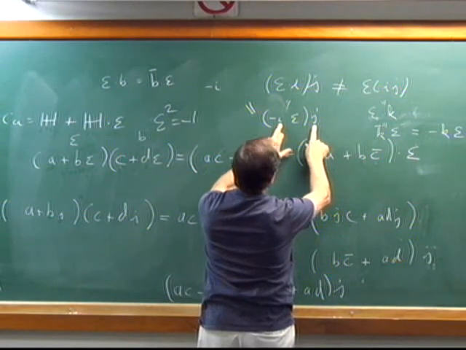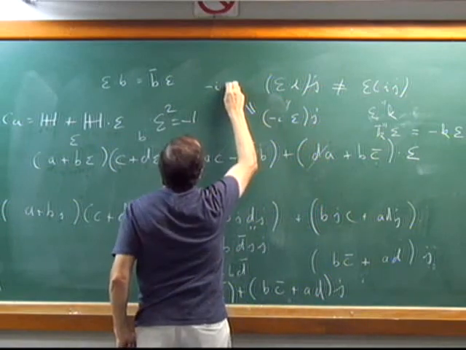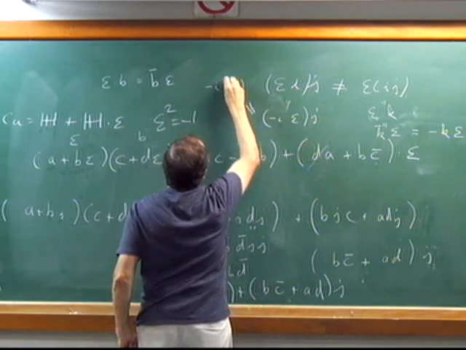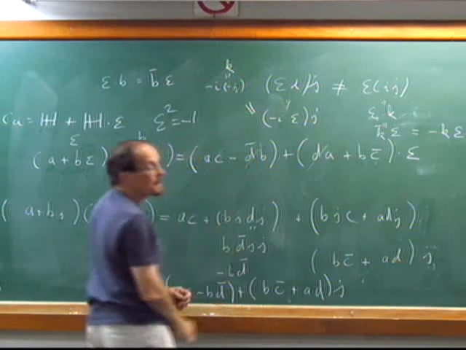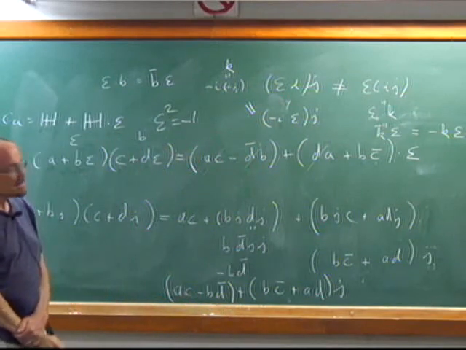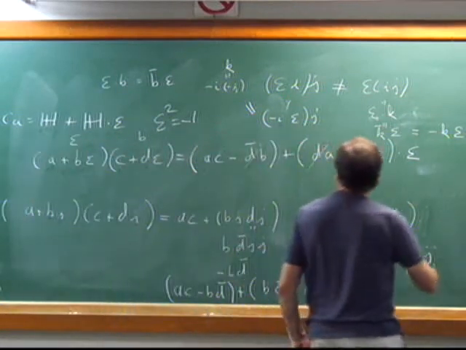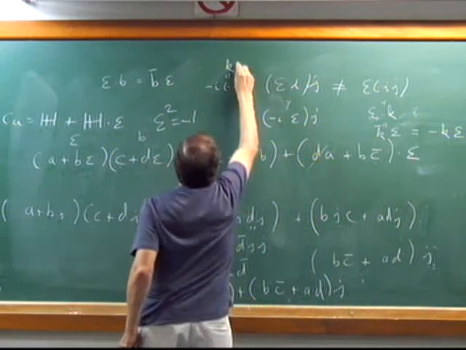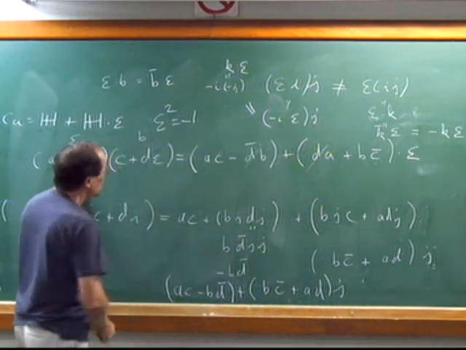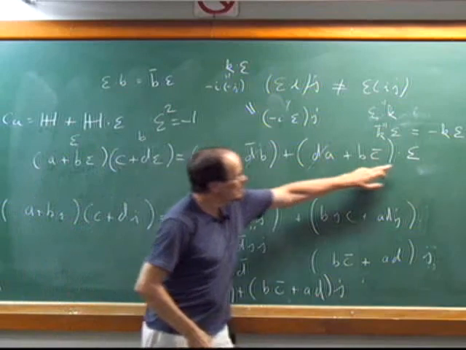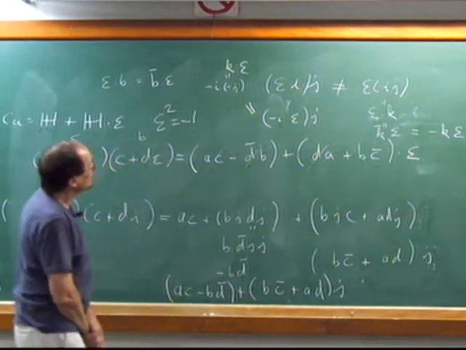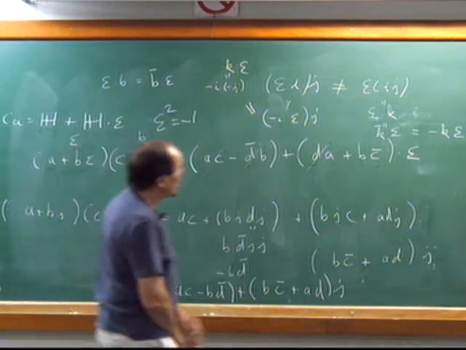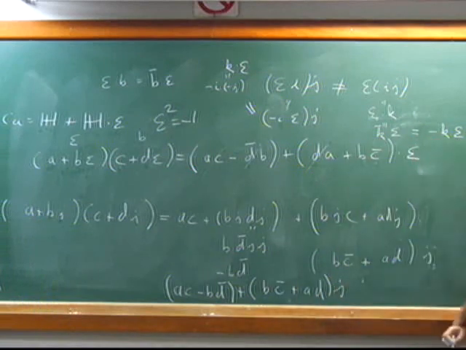C is j, so times minus j. So it's k. Whereas on the right hand side, I multiply this, and that component was non-zero, so multiply by epsilon. Right, so k epsilon versus minus k epsilon. It's not an associative algebra.